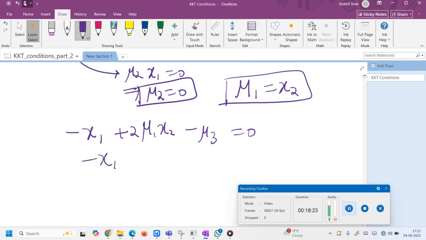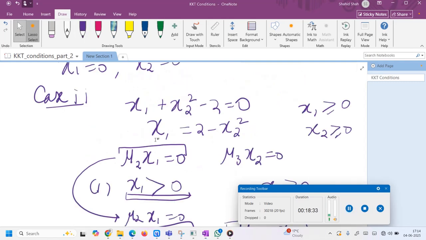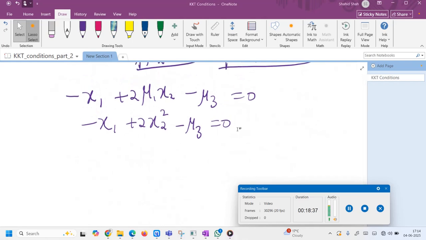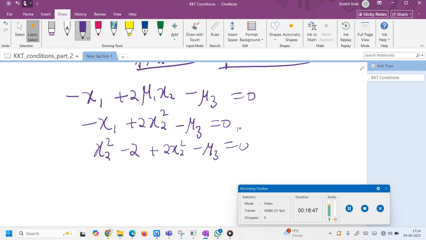Now mu1 is equal to x2, so plus 2 x2 square minus mu3 equals 0. And x1 is 2 minus x2 square. Let's put it here, 2 minus x2 square. So it is x2 square minus 2 plus 2 x2 square minus mu3 is 0.